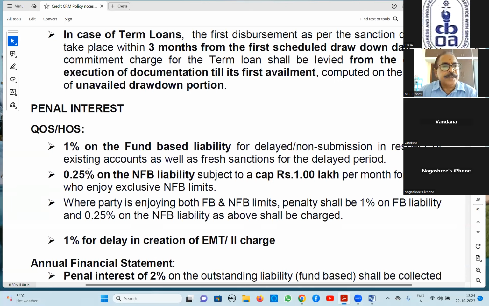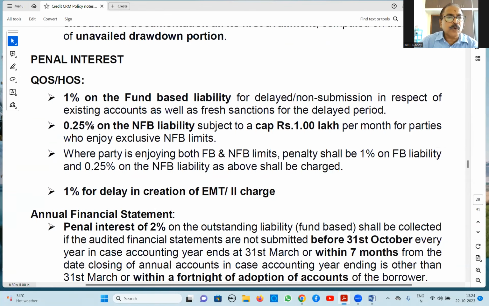Next, penal charges for QoS and HOS. This is applicable for 5 crores and above. Party has to submit quarterly operating statement or half yearly operating statement. Quarterly operating statement is to be submitted within 6 weeks after the quarter. For half yearly operating statement, 8 weeks after the half year is given.